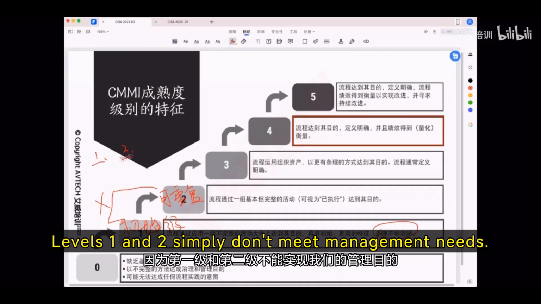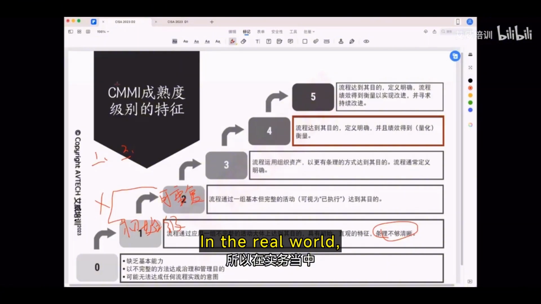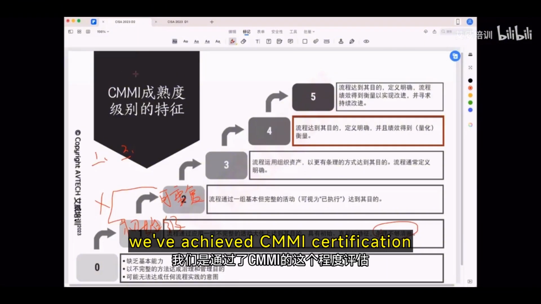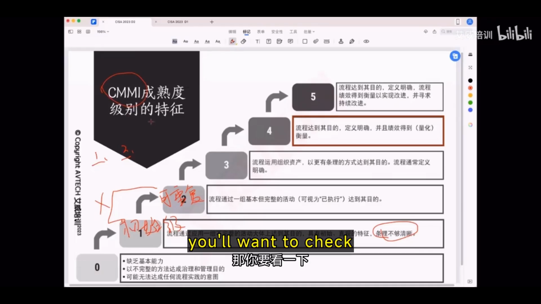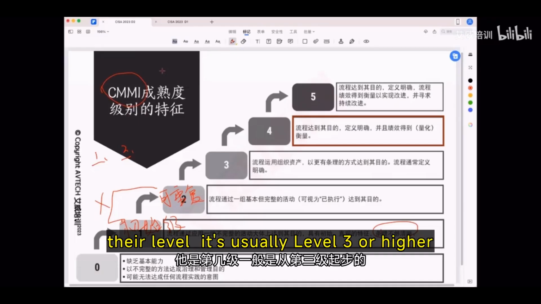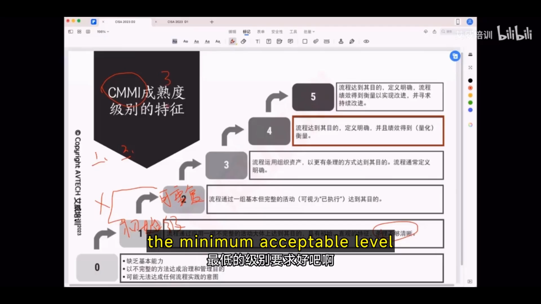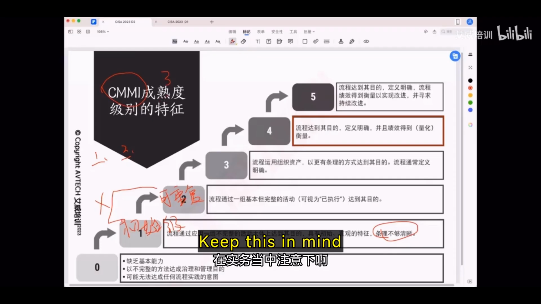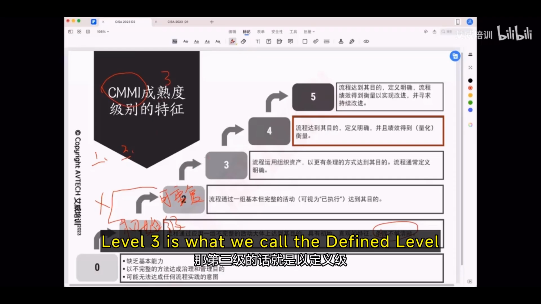Levels 1 and 2 simply don't meet management needs. In the real world, when a company says, you know, we've achieved CMMI certification, you want to check their level. It's usually level 3 or higher. Level 3 is the minimum acceptable level. Keep this in mind: level 3 is what we call the defined level.